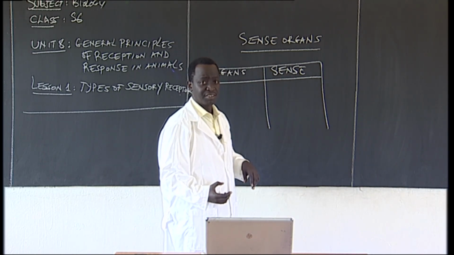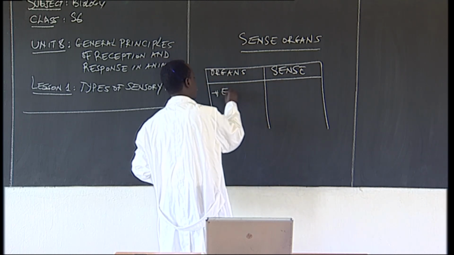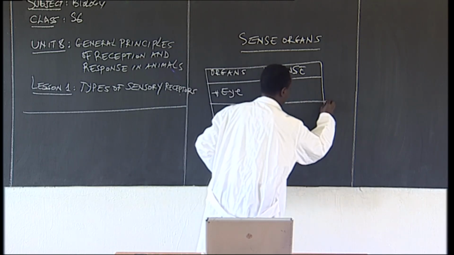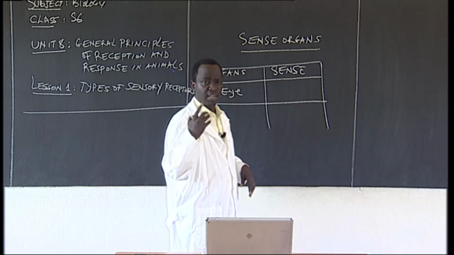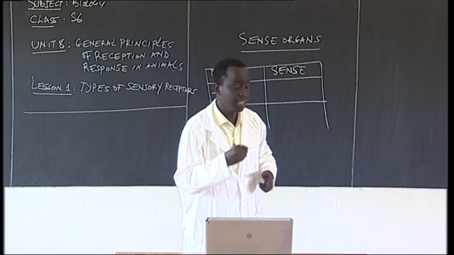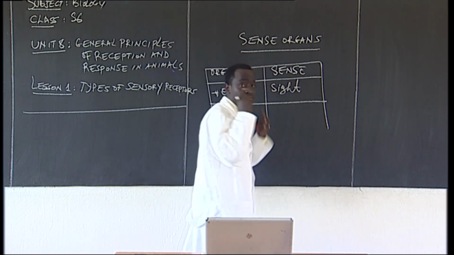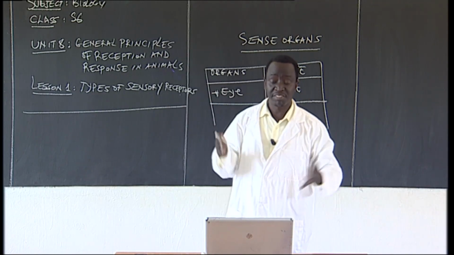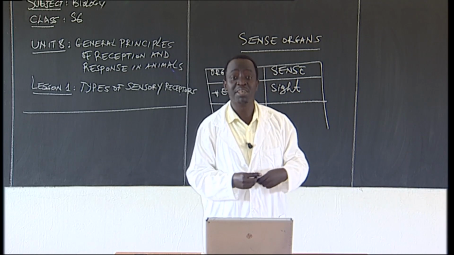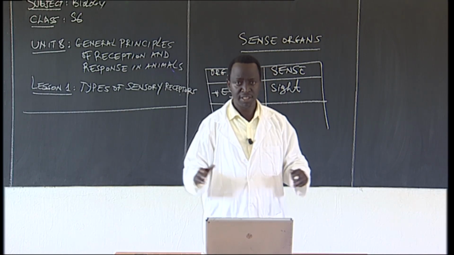They are 5. Nice. We have the eye, or eyes. What do eyes sense? It is for sight, seeing. You are able to see different colors because you have this sense organ called the eye. The eye helps us to see different things.